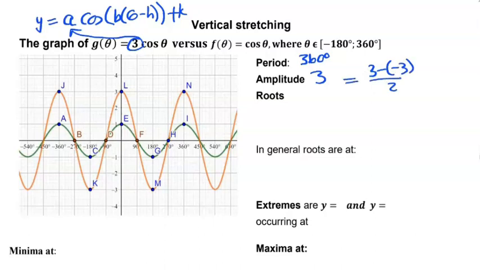If we move on to the roots, the points B, D, F, H, they are the intercepts of the horizontal axis of this graph, but the roots, they are the solutions of this equation 3 cos theta equal to 0. And we notice that that will have exactly the same solutions as that of cos theta equal to 0.